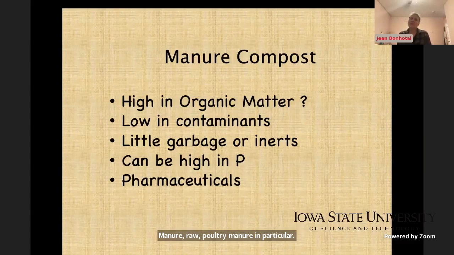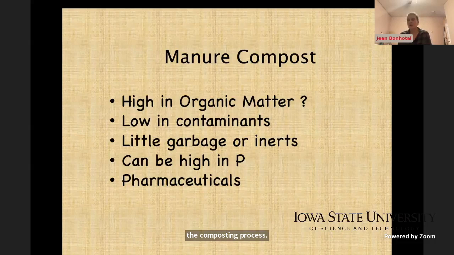And pharmaceuticals. We don't have a lot of pharmaceuticals in manures, in dairy manures. We were worried about wormers in horse manure because we wanted to see if that was going to cause a problem with the microbes and other annelids and everything in the composting process.